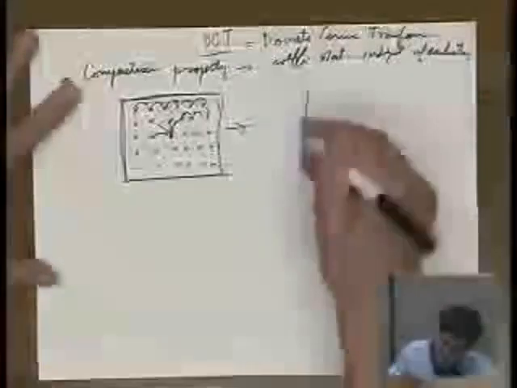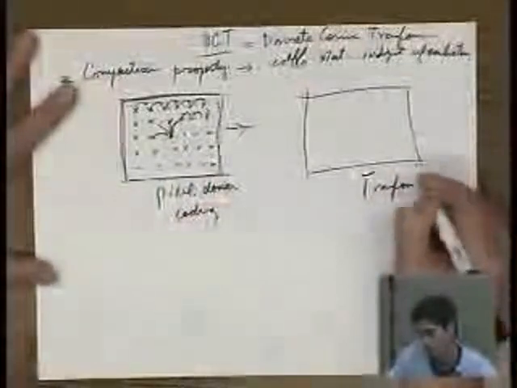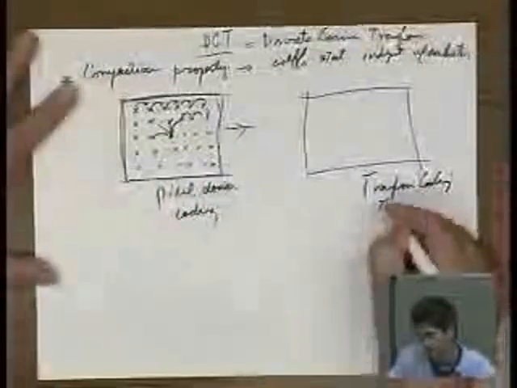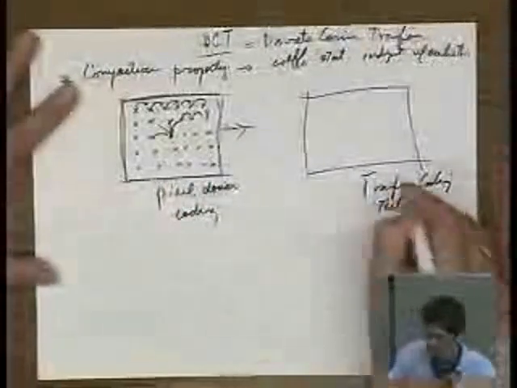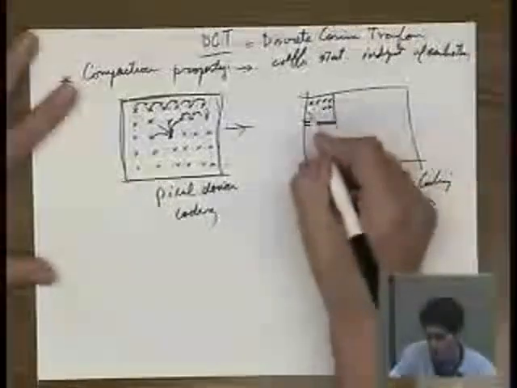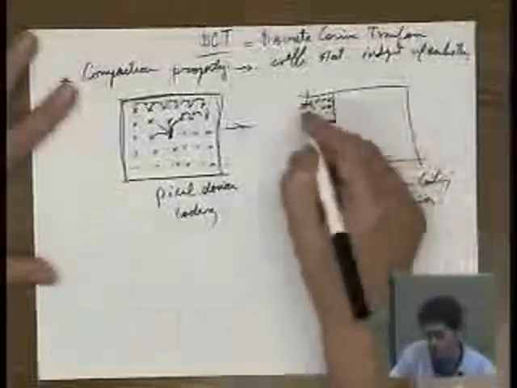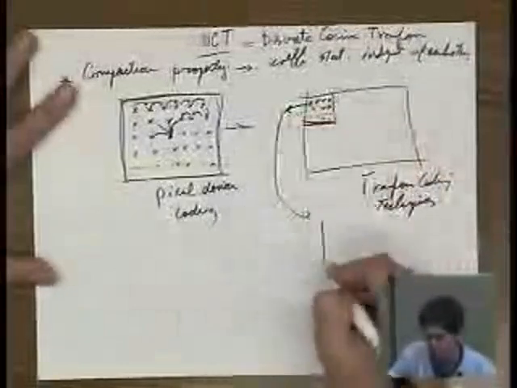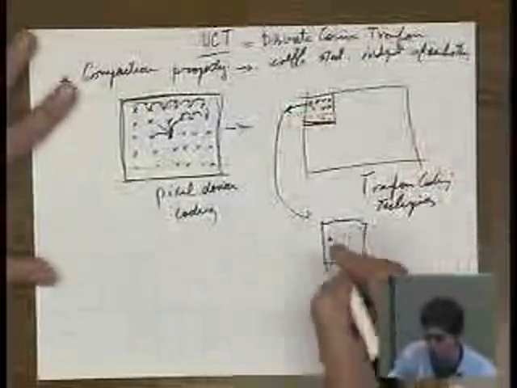So in contrast, these are called pixel domain coding techniques. There's another class that's called transform coding techniques. And what they do, for example, discrete cosine transform, they take a chunk of the image, let's say an 8x8 block of it, and then they take a transform of this and come up with another 8x8 set of numbers.